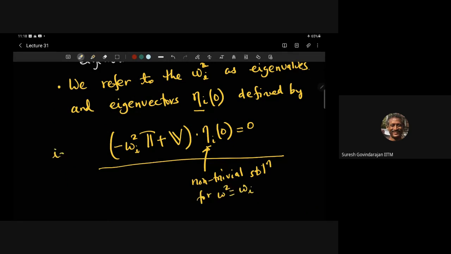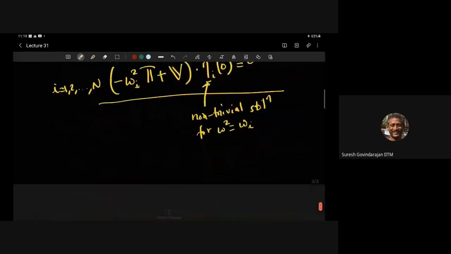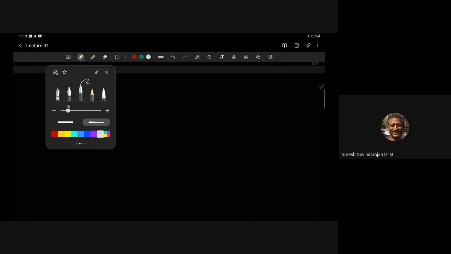You can do this for i equal to 1, 2, up to N. Is this point clear? So we're able to solve these equations and get the general solutions. Now we can ask, before that, are there any questions, comments?